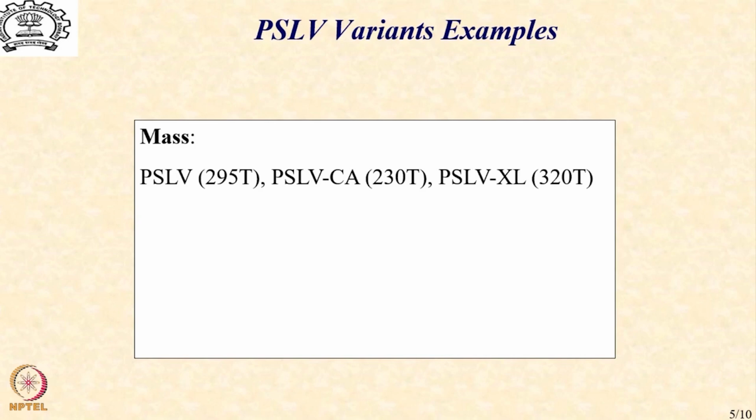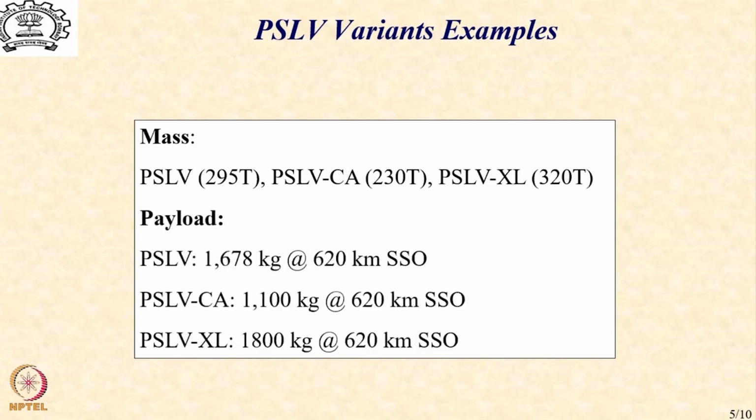Let us now look at what kind of applications these three versions of the PSLV are commonly put to use for. So, the basic PSLV is designed to launch 1678 kg in 620 km sun-synchronous orbit.